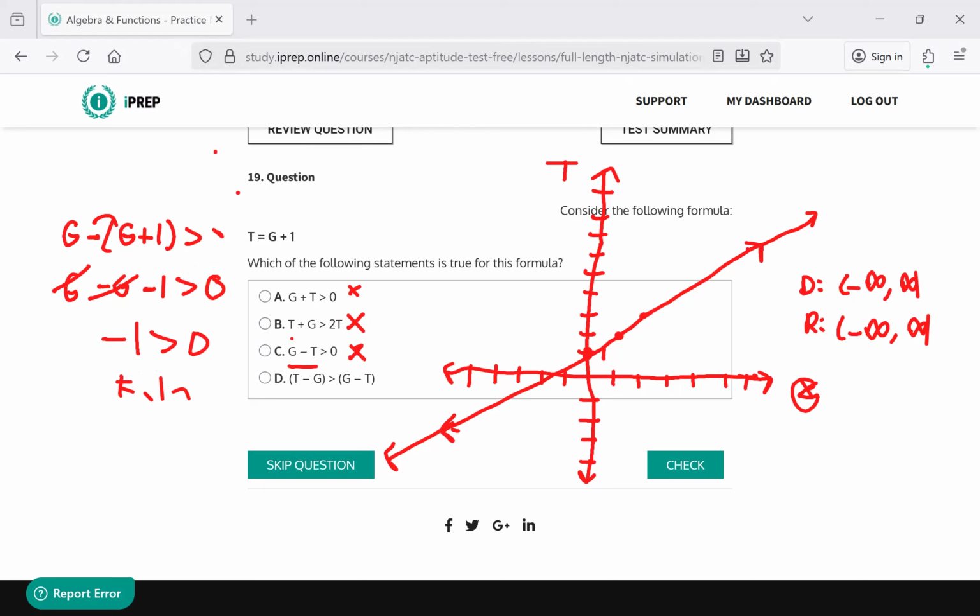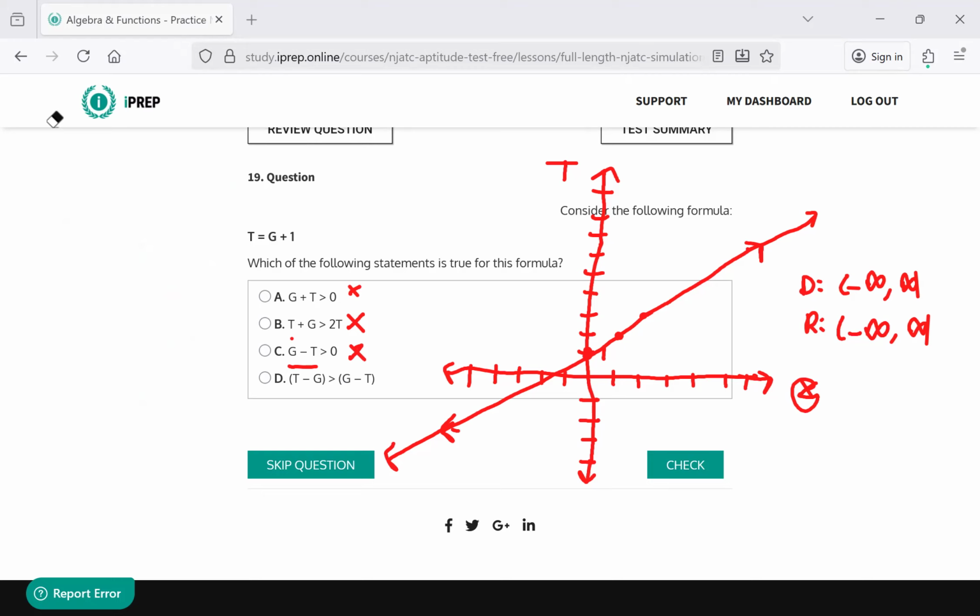Now let's do D. So yeah, what I'll do is substitute my t with g plus 1 and then simplify from there. So it's going to be t minus g.